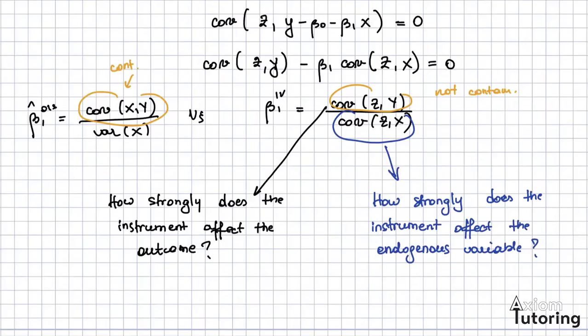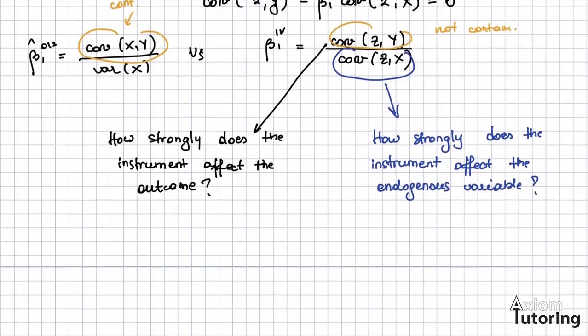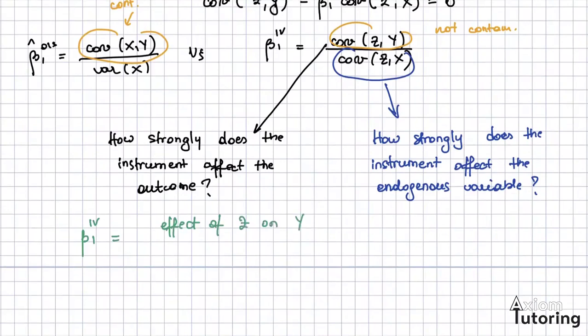Okay, so in a sense, your beta 1 IV is actually the effect of z on y divided by the effect of z on x. So IV is asking how much does y move when z moves relative to how much does x move when z moves. And the ratio gives us the effect of x on y purified of the endogeneity problem.